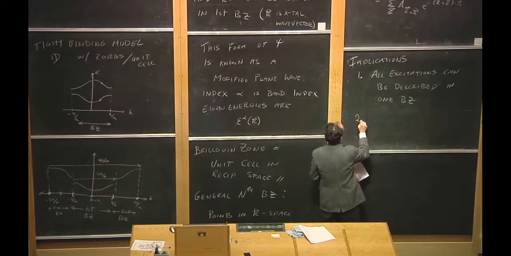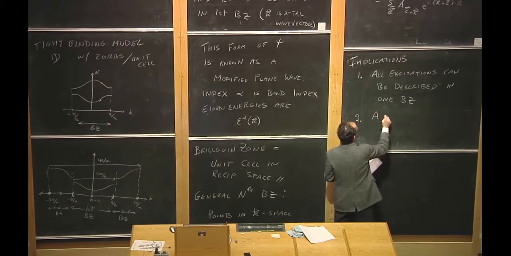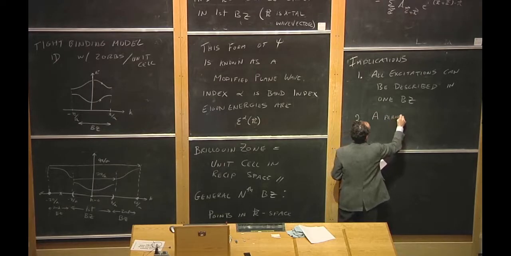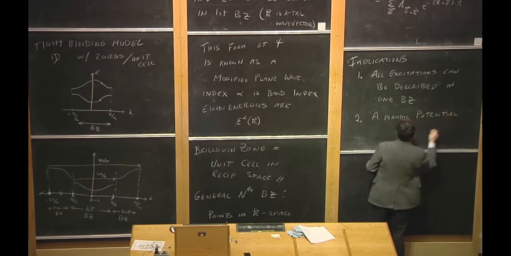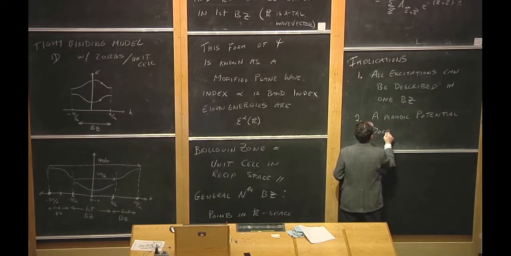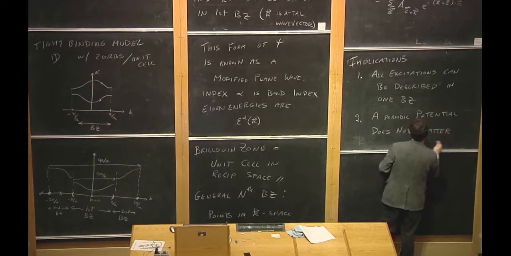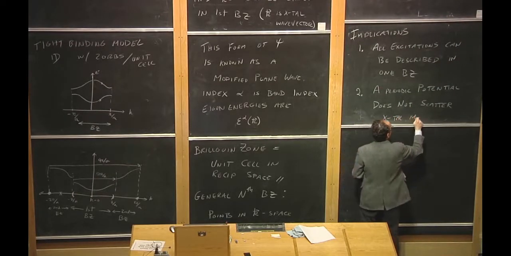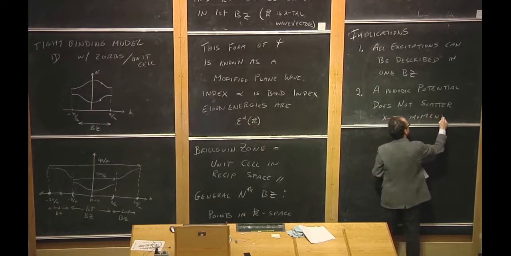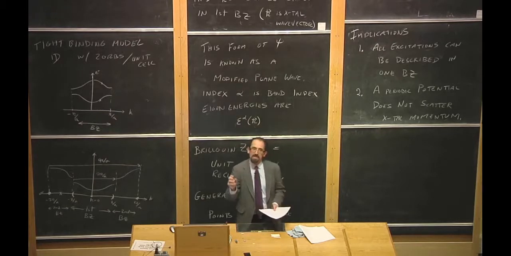Second important statement, maybe more important, is that a periodic potential does not scatter crystal momentum. And this is something that I mentioned before when we discussed the tight binding model, that crystal momentum is conserved.